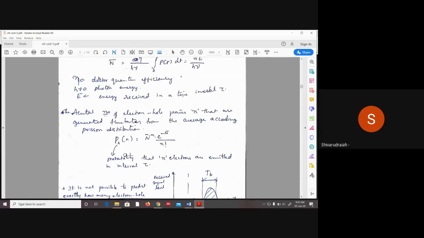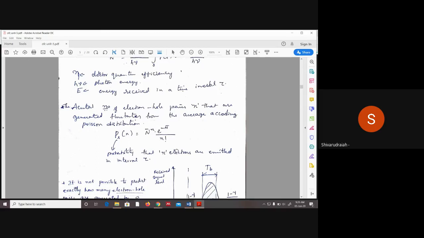PR of n is the probability that the actual number of electrons emitted at an interval tau, which is equal to n bar to the power of n, into exponential of minus n bar, divided by n factorial. Here n bar is the average number of electron hole pairs and small n is the actual number.